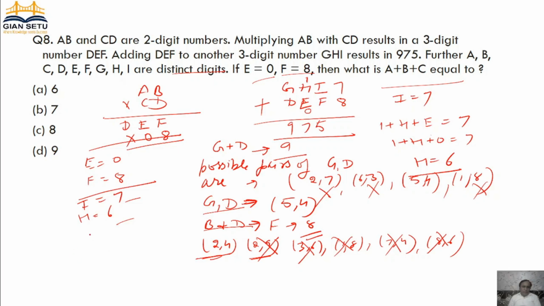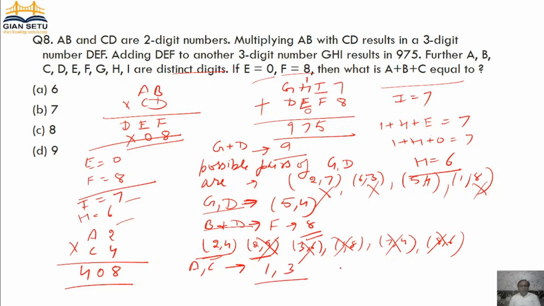So we can again write this product as AC times 2, 4, and if we multiply we get 0, 8. Now D is 4. So the only possible values for A and C can be 1, 3.